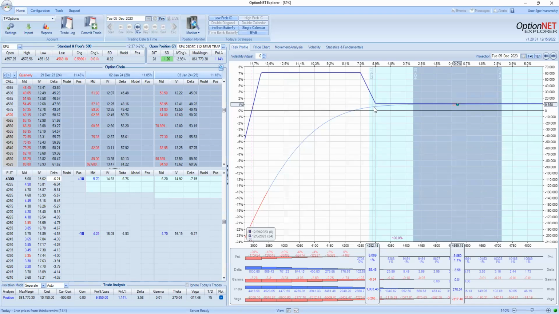There's a 95% chance that 4,300 is going to expire worthless, which means that there's only about a 4, 5, or 6% chance that this trap is going to be worth anything at expiration.